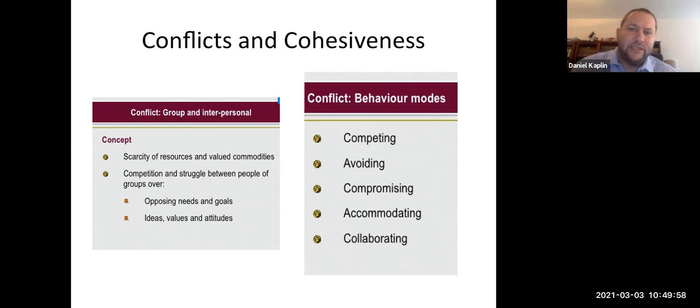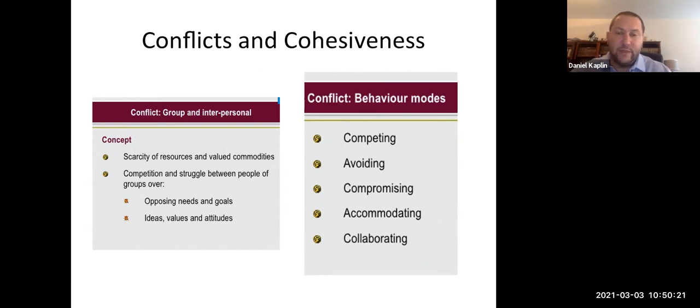There can be competition. Behaviors that are linked to conflict is competing, which is self-explanatory, where people are at each other to sort of win against one another. Avoiding, right?